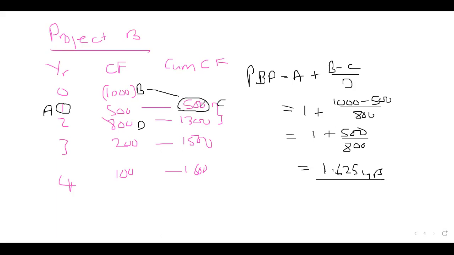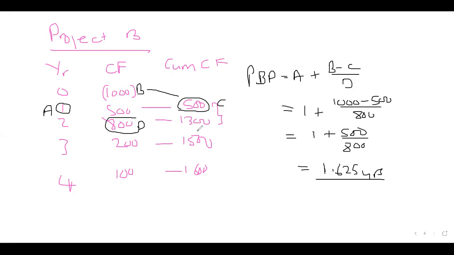How much do we have remaining to get to our initial outflow? The difference between this one and this one, that's the 500. Then the D is the next cash outflow, not in the same line, but in the next. Different books have different formulas, but ultimately you get the same answer and you get the concept. Okay, thank you.